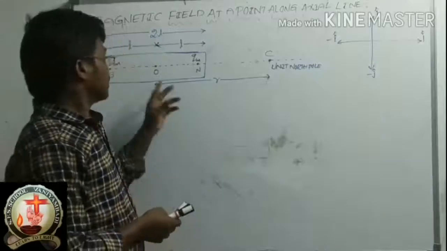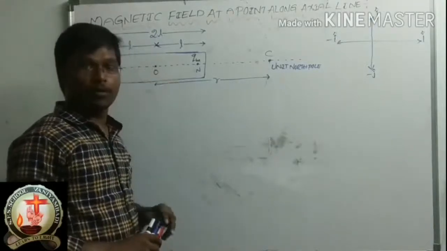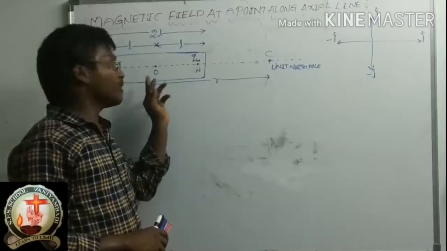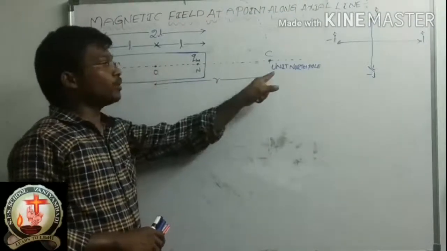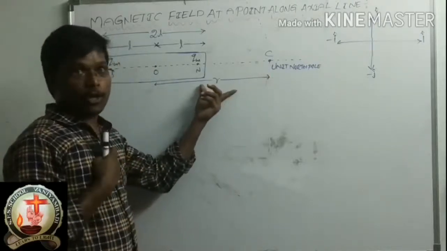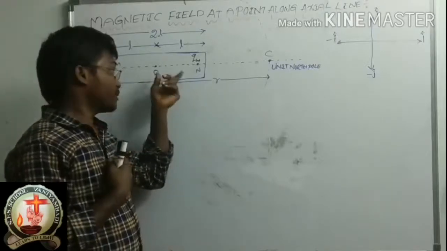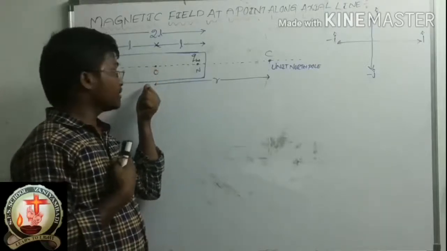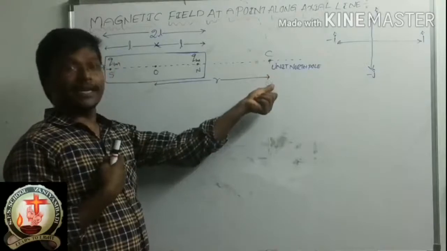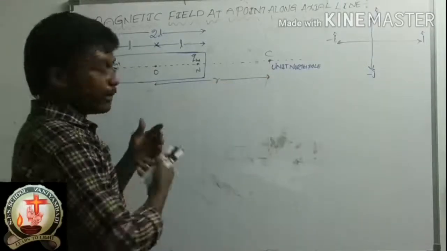Now, the distance between the midpoint of the magnet and point C is small r. This is also our consideration only. Let us consider the distance between the midpoint of the magnet and point C is r.